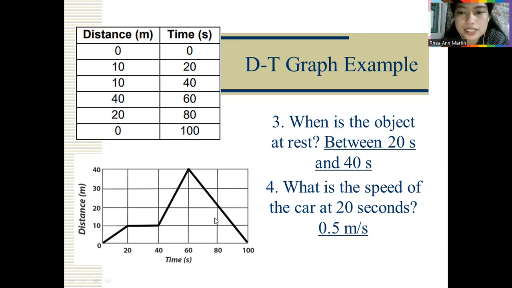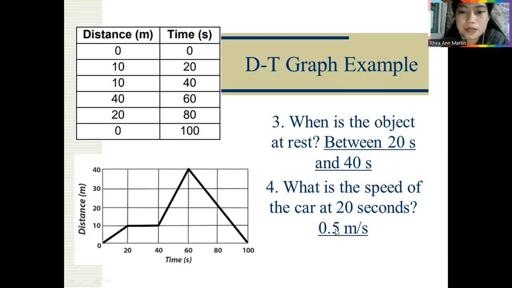Number 4, what is the speed of the car at 20 seconds? We're asked to calculate the speed of the car. Please remember that speed is equal to distance over time. So 10 divided by 20 is 0.5 meter per second.